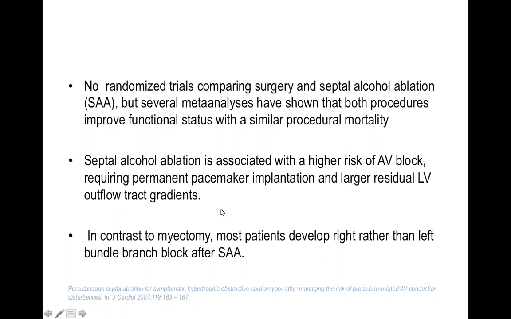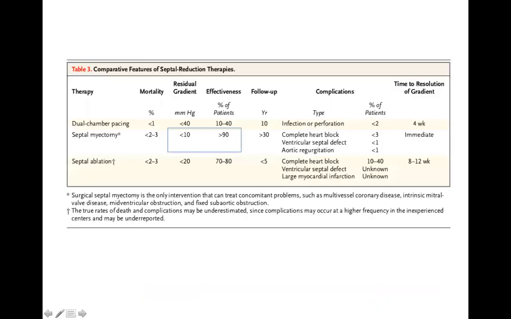In contrast to myectomy, most patients develop right rather than left bundle branch block after septal ablation. Comparing septal myectomy and septal ablation, the residual gradient is significantly decreased with septal myectomy, less than 10, and with septal ablation less than 20, and the effectiveness is more than 90 versus 70 in case of septal ablation.